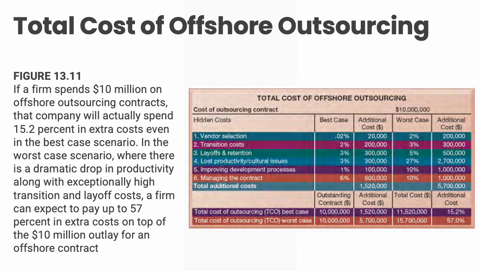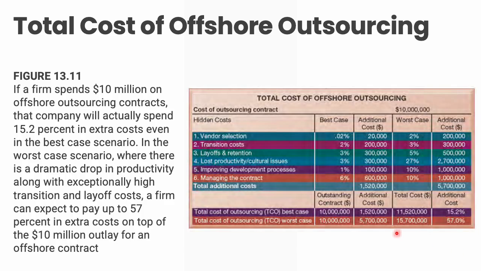But this chart tells us that there are many hidden extra costs that they often forget about. Imagine that a company signed a contract to pay an offshore vendor 10 million. That seems clear, right? But the real total cost is actually much higher.